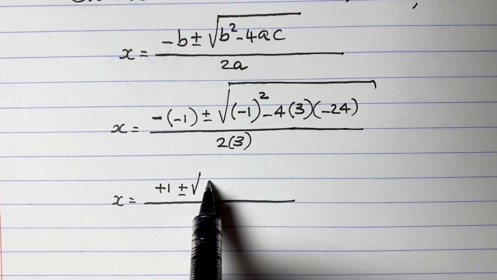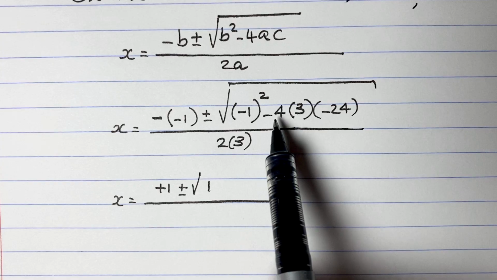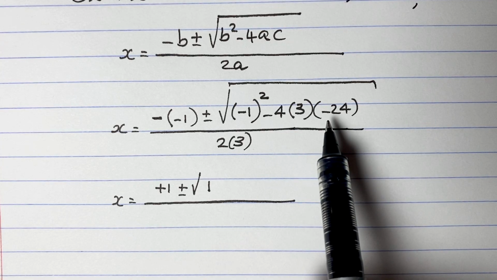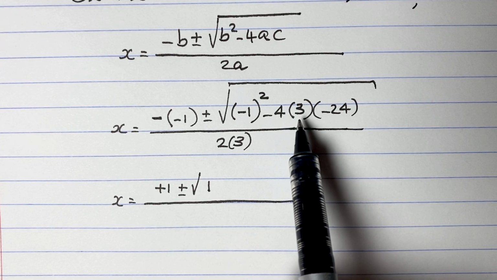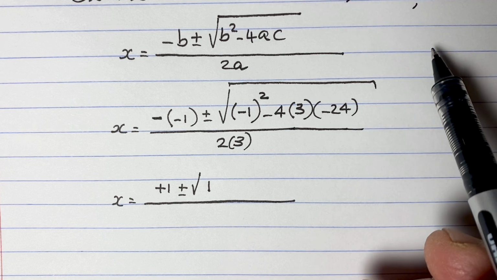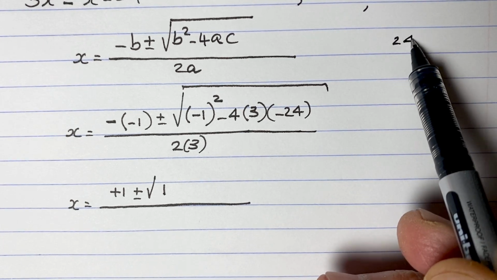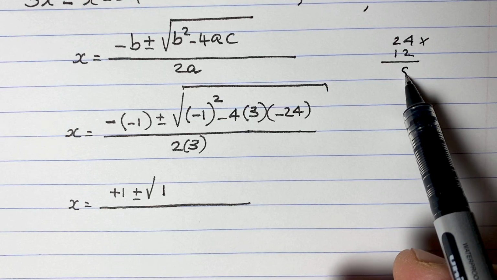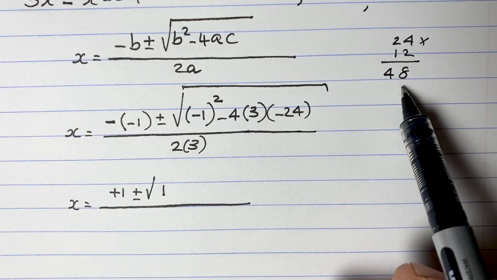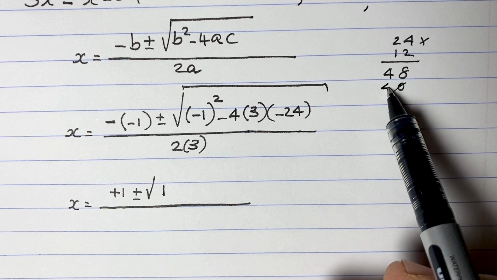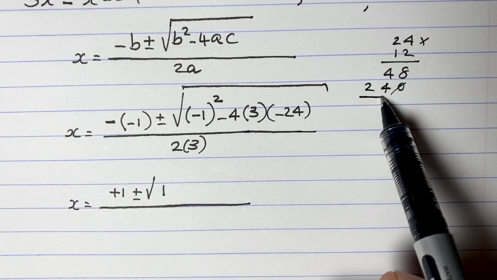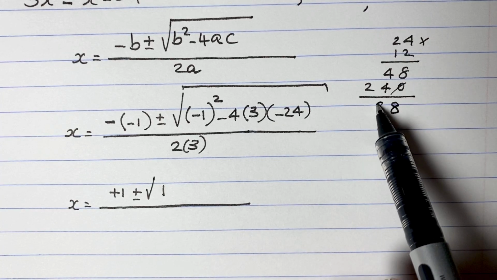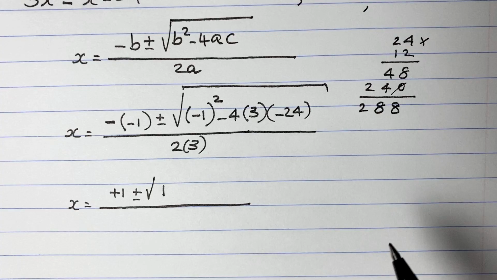1 squared is 1. The question is, what is 4 times 3 times 24? 4 times 3, 12. 12 times 24, but you can work it out. 24 times 12. 2 times 4, 8. 2 times 2, 4. 1 times 4, 4. 1 times 2, 2. So when you add, you get 288.